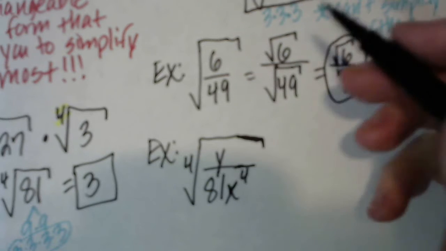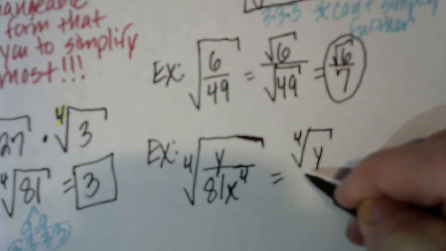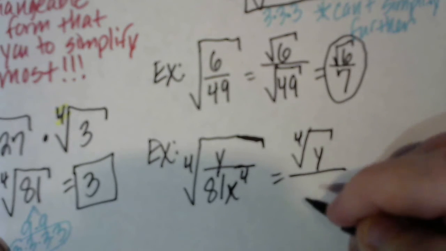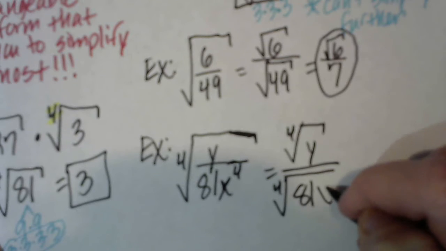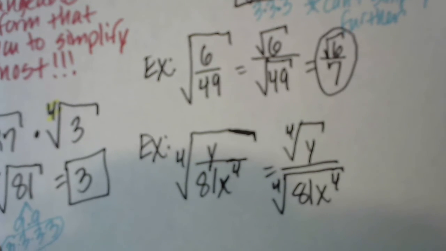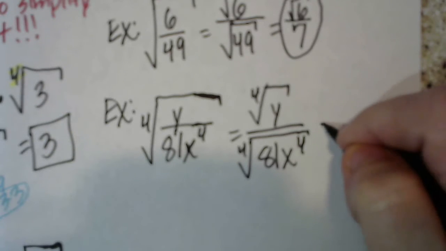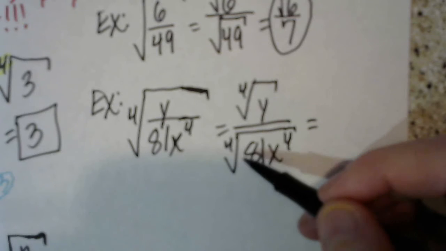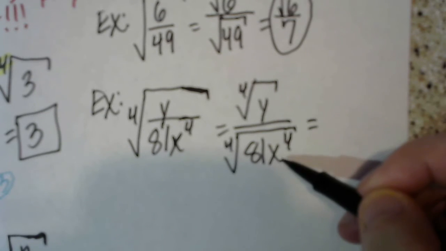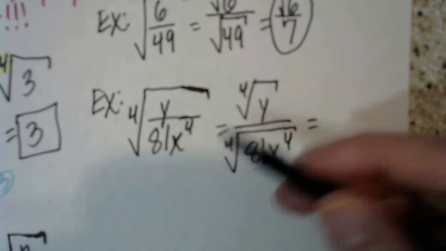So it just works better to write it as the 4th root of y over the 4th root of 81x to the 4th. And I can do that. I can do stuff here because I know by now that the 4th root of 81 is 3. And if I have 4 x's, I can take all of that group out and represent it 1 time with 1 x.